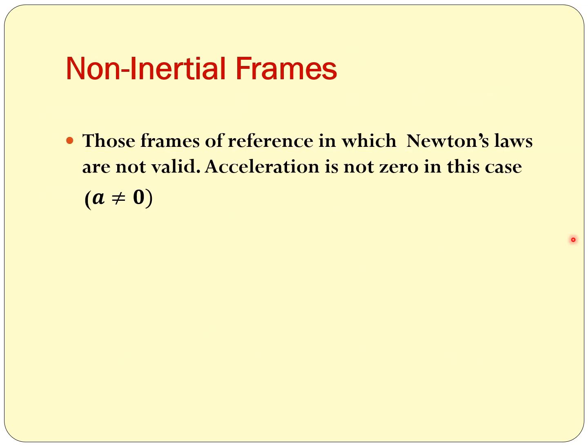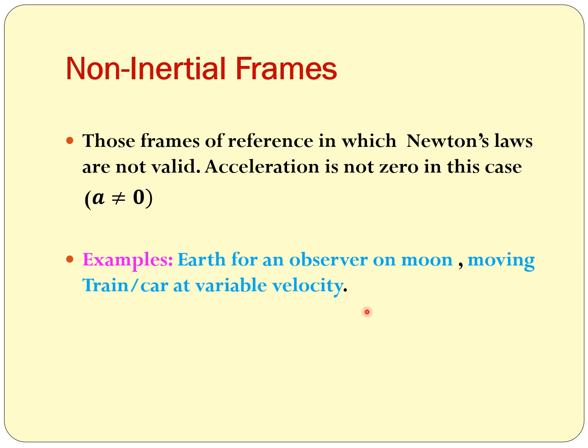And non-inertial frames are those frames of reference in which Newton's laws are not valid and acceleration is not zero. In this case, a is not equal to zero. So suppose a moving train or car which is changing its velocity, or if brakes are applied, then the acceleration is not zero.